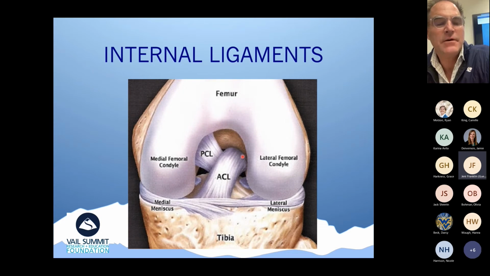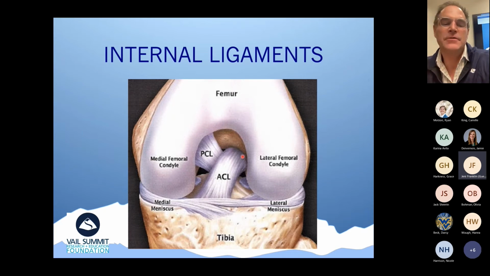Where does the PCL go? Okay, but use your words. Oh, you're so close. That's why I make you use your words. So where does the PCL go from where to where? Yeah. So the ACL goes from the posterior lateral femoral condyle to the anterior medial tibial plateau.